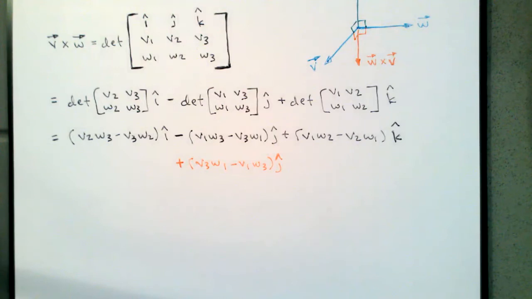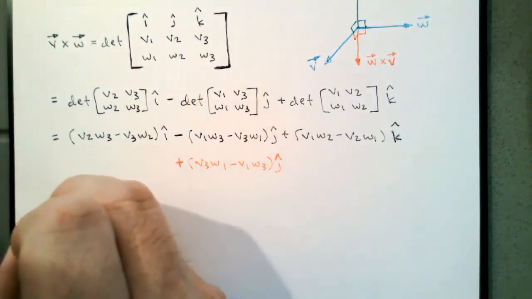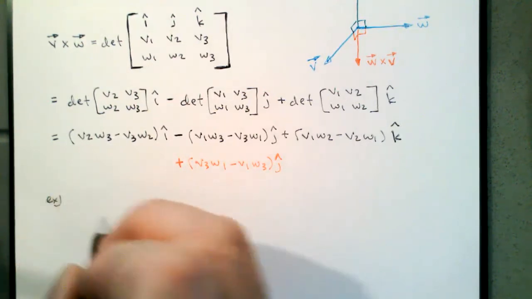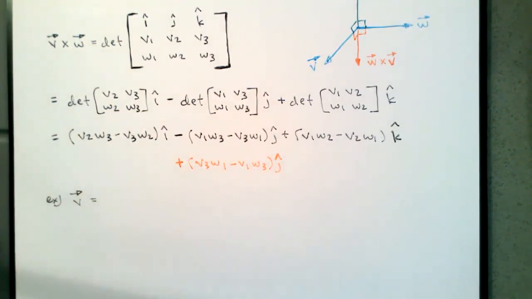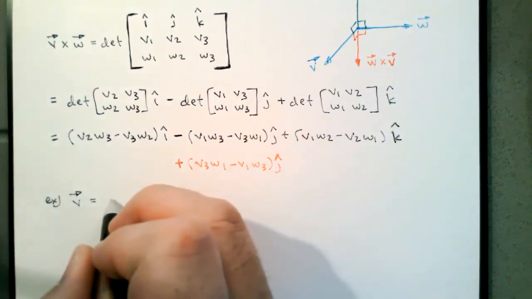All right, what are we talking about? Let's do one of these calculations. Let's suppose that V is, let V be some vector. How about 2, 1, negative 3?